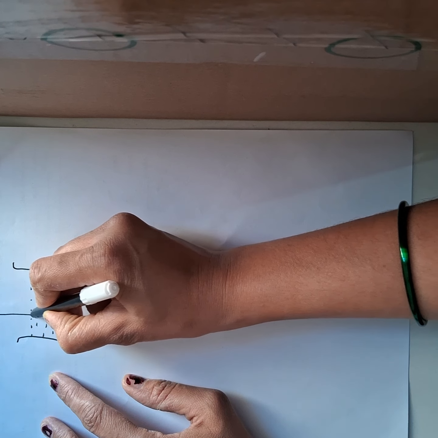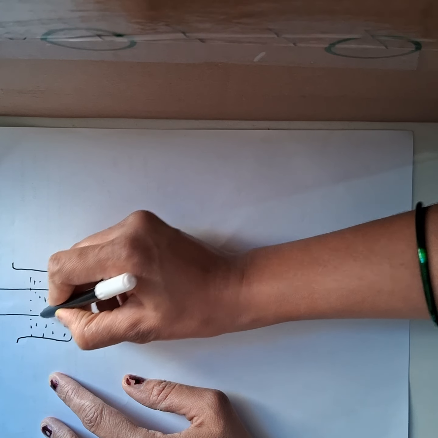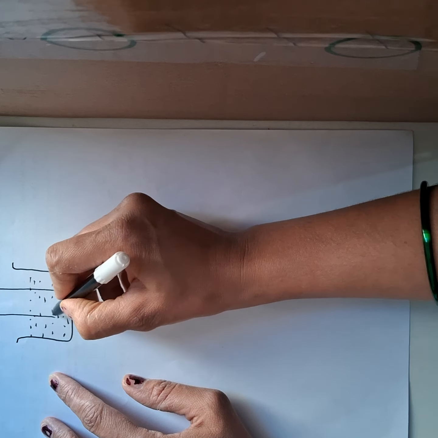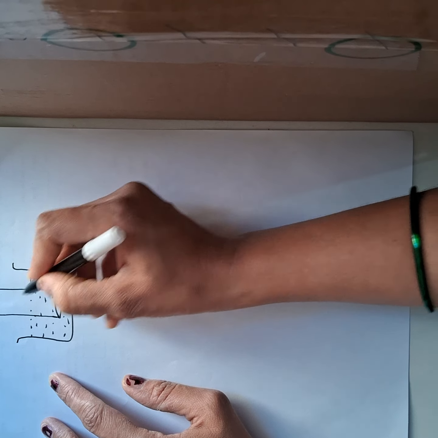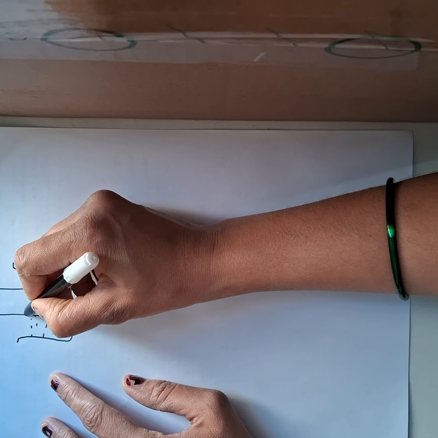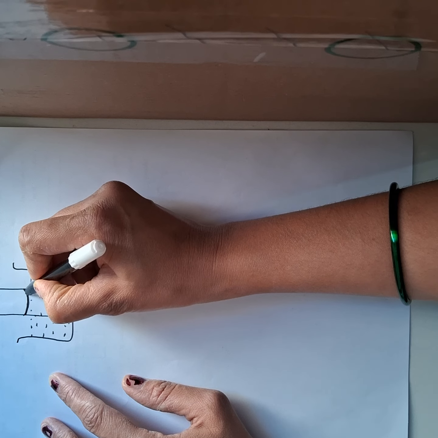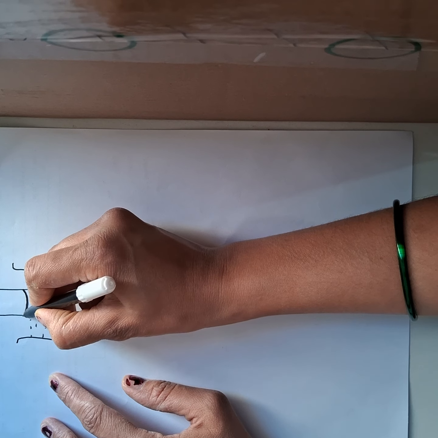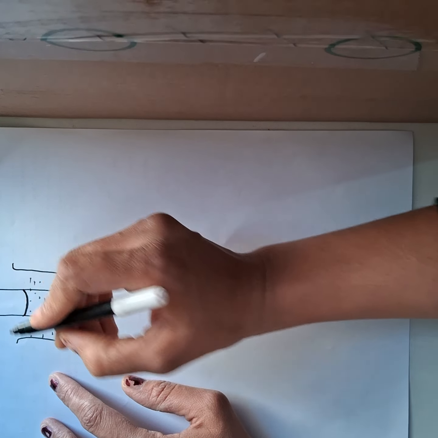What happens? Here I am drawing this a little bit larger to understand the phenomenon. When we dip this capillary, there is a curvature. This meniscus is formed here because the liquid is filled in this capillary.